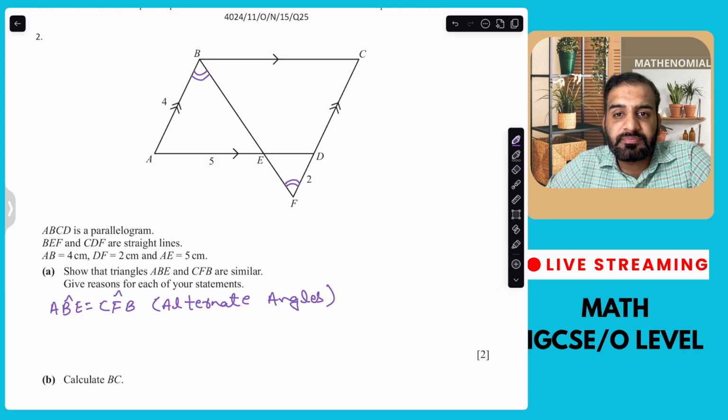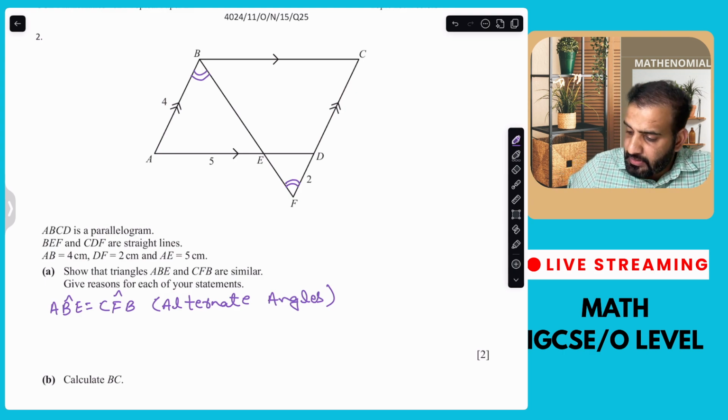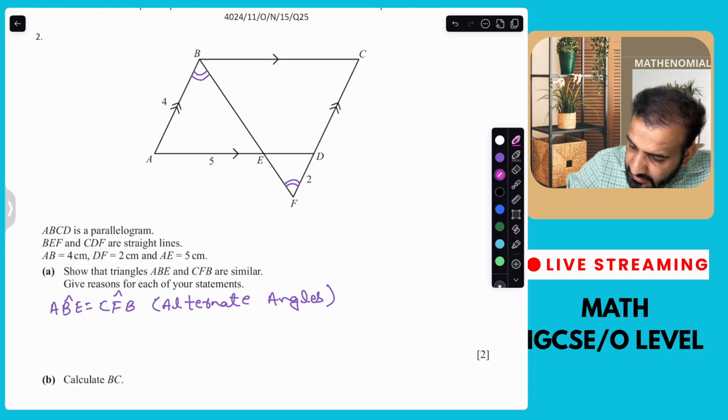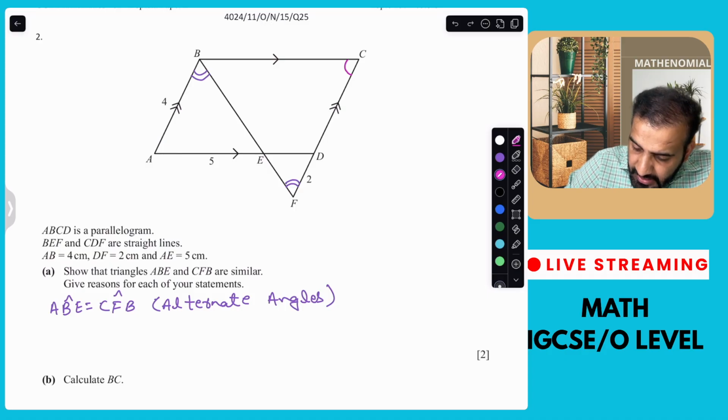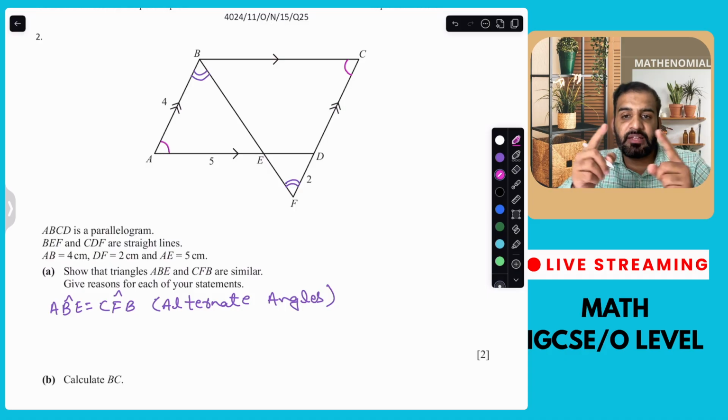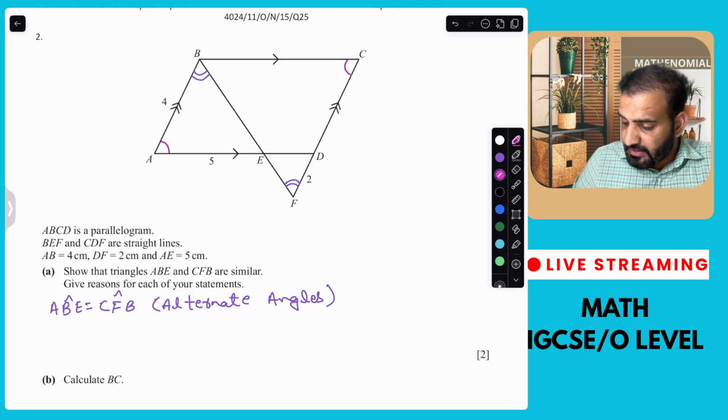Next, what do you say about these two angles? Can we say that this angle is equal to this angle? Because in a parallelogram, opposite angles are equal.